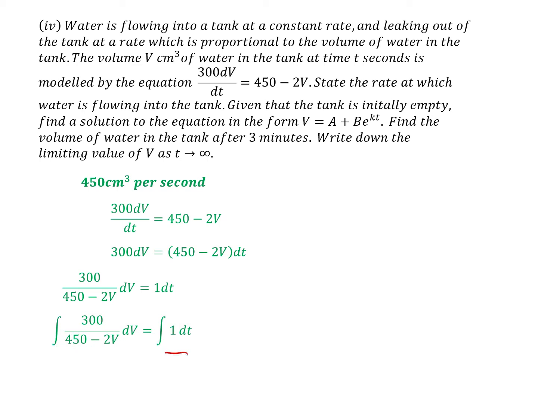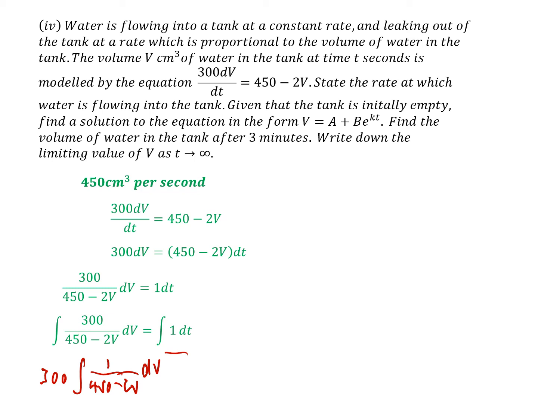So the right-hand integral is probably straightforward enough for most people. Here though, on the left-hand side, we can think of this as 300 times the integral of 1 over 450 minus 2v dv. So this would be a ln integral.